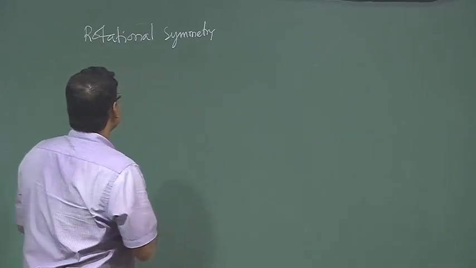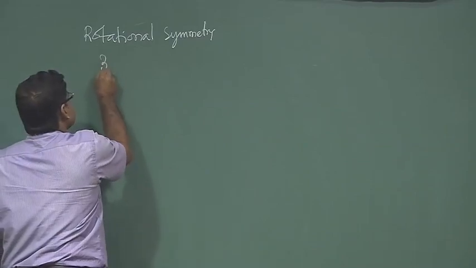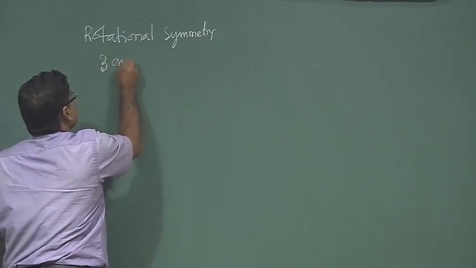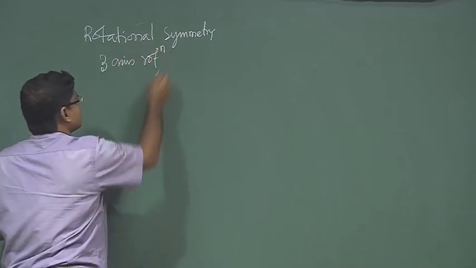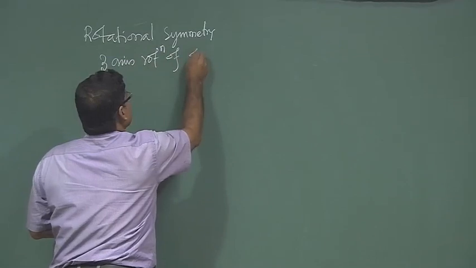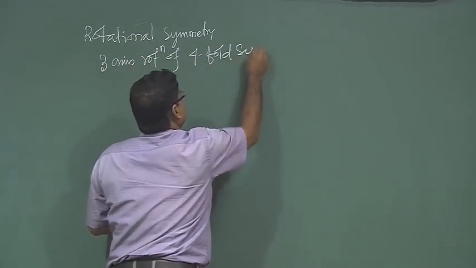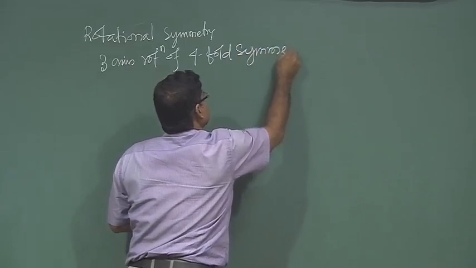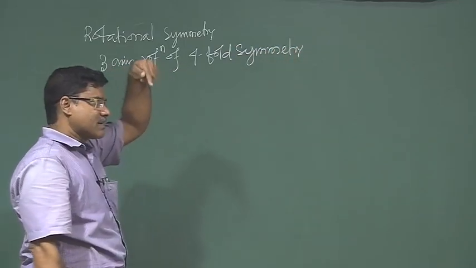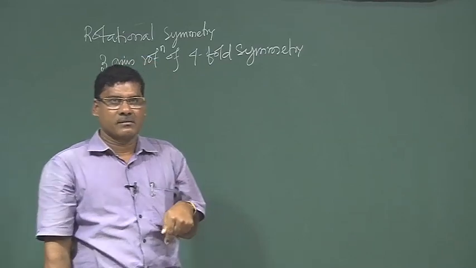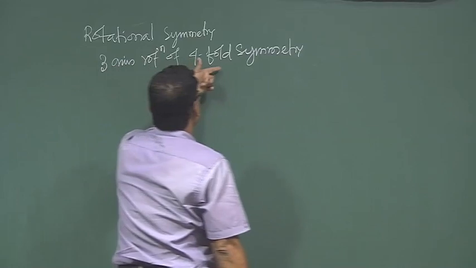So, we have seen 3 axes of rotation of 4-fold symmetry. These axes pass through the centers of opposite faces.